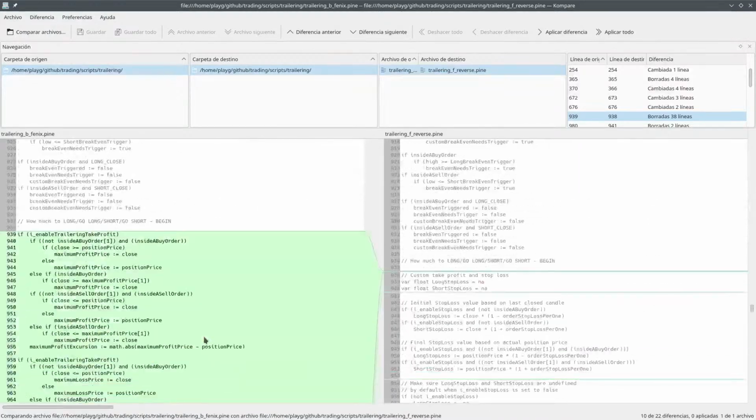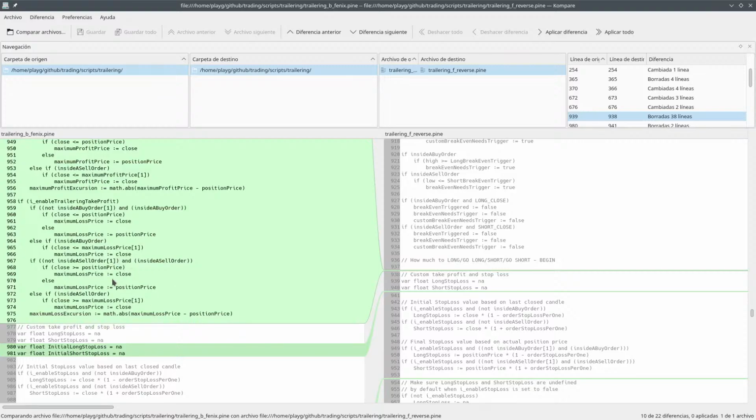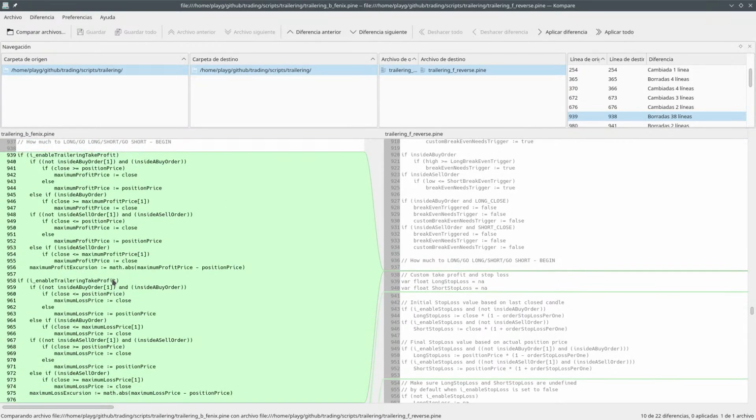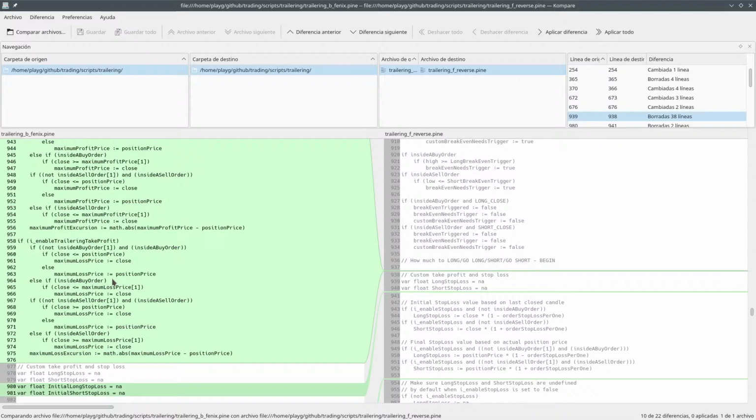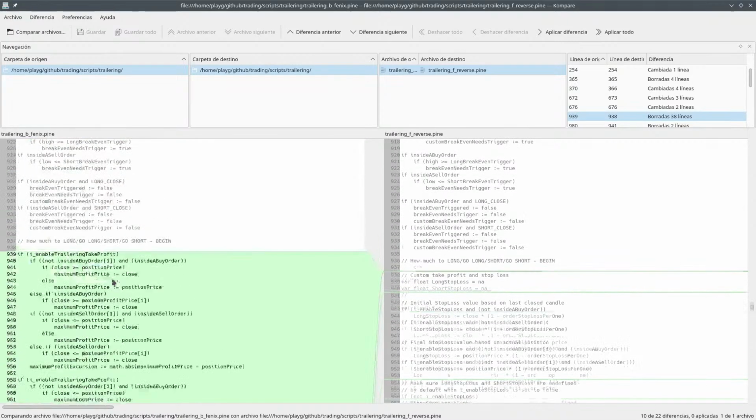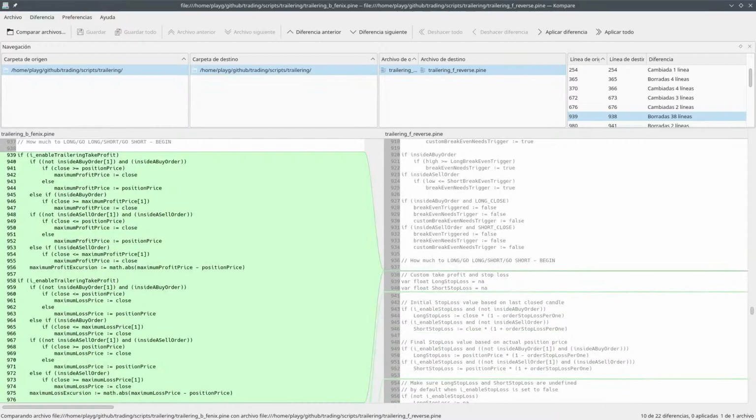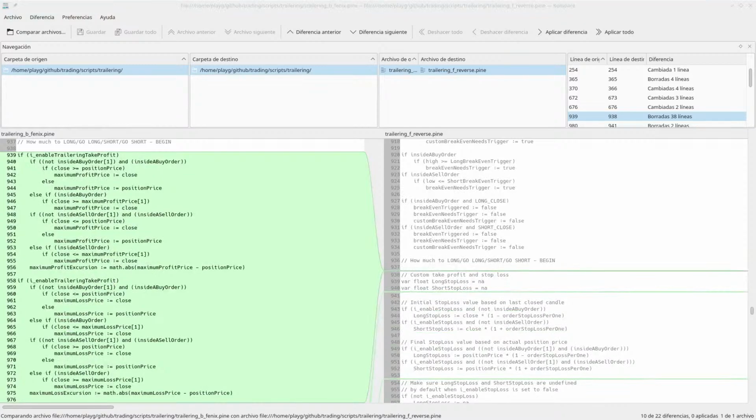We don't care about the excursion because we have already done this. Wait a moment. We have not done any excursion yet. Oh my god.